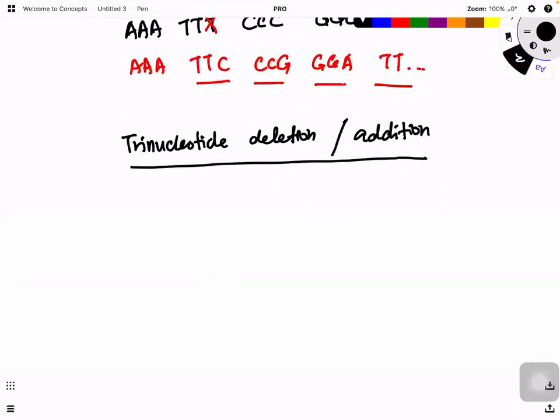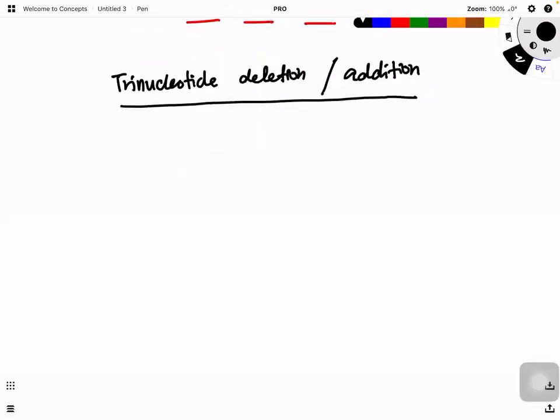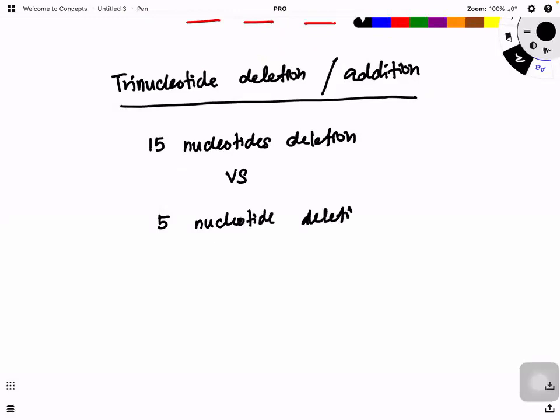With trinucleotide deletions and additions, the effect is not as severe as with 1. So if I ask you, if I have a 15 nucleotide deletion versus a 5 nucleotide deletion, which one is more severe?